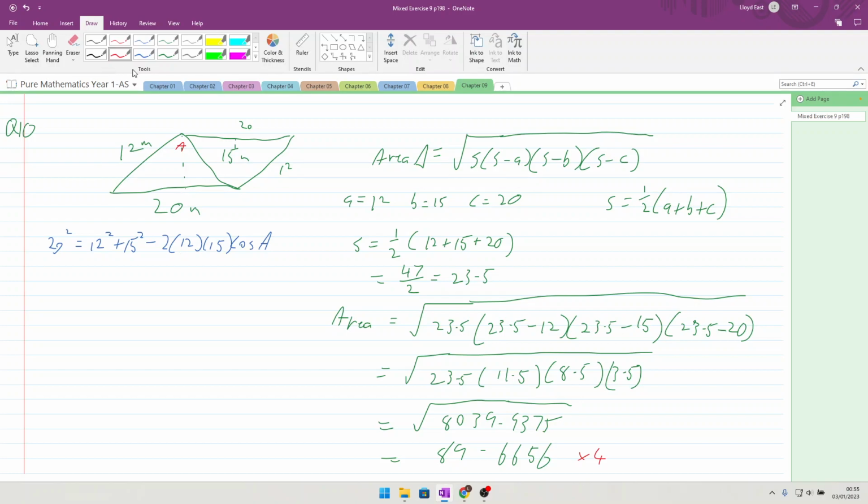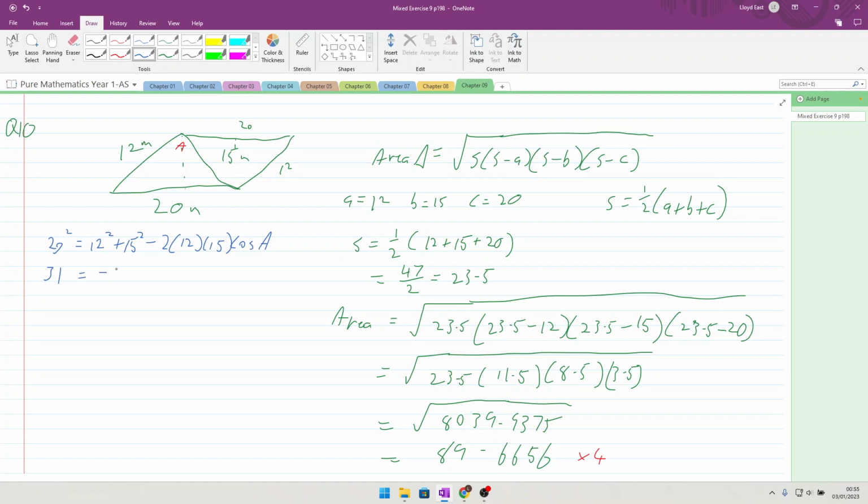Quickly find out what angle A is. So on the calculator, obviously 20 squared is 400. I'm going to take away 144 for the 12 squared, taking away the 15 squared, 225, that leaves me 31.